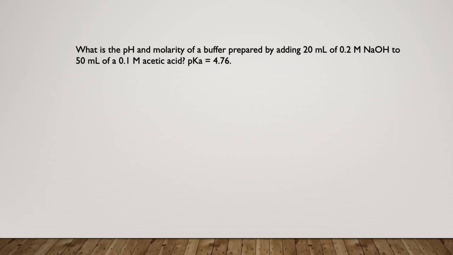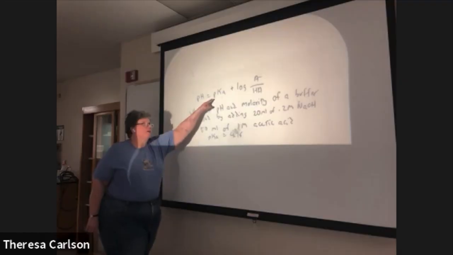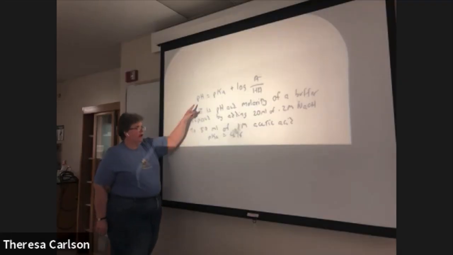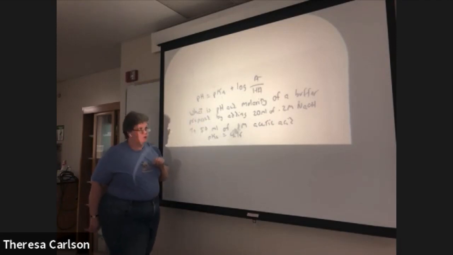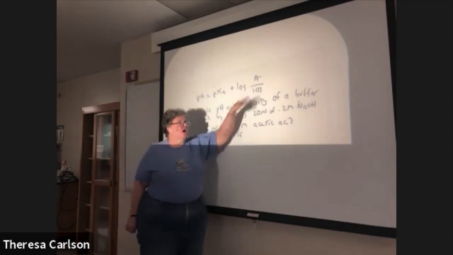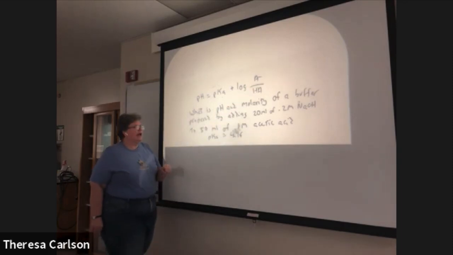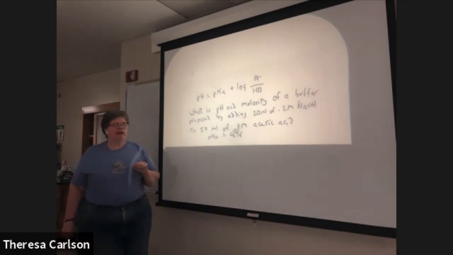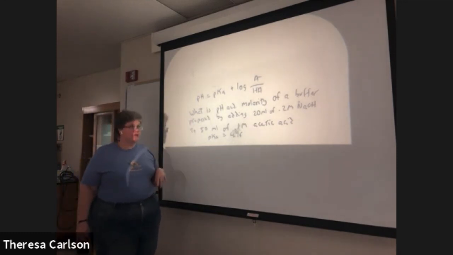And we're going to say the pKa in this case is 4.76. So you already know the pKa, and you're finding the pH, which means you need to work on the conjugate acid and the conjugate base amounts. And you also need to work on the molarity of the buffer. So there are 2 questions in one here.